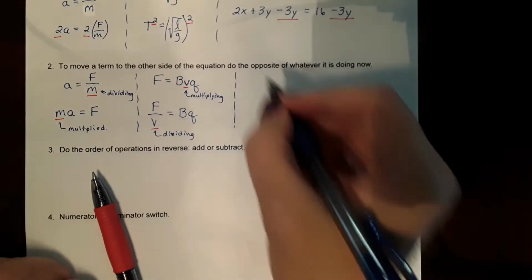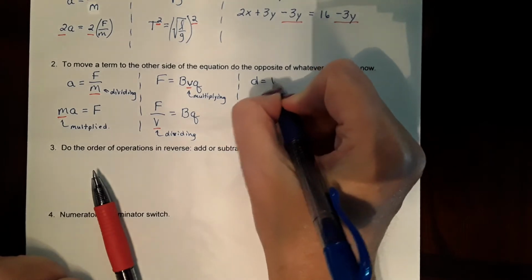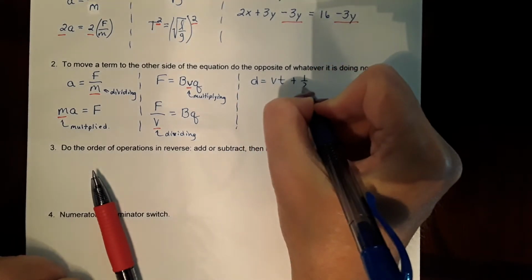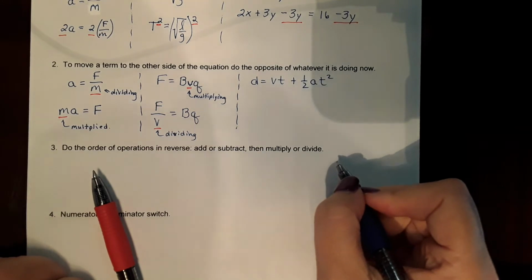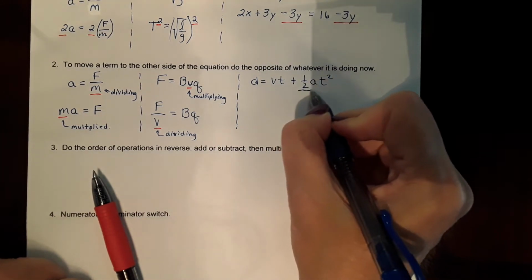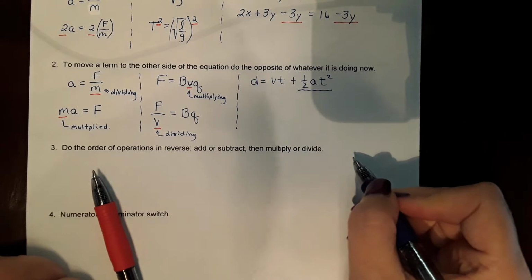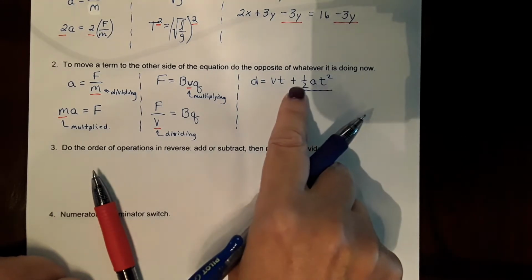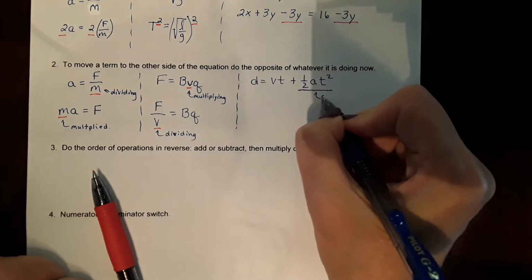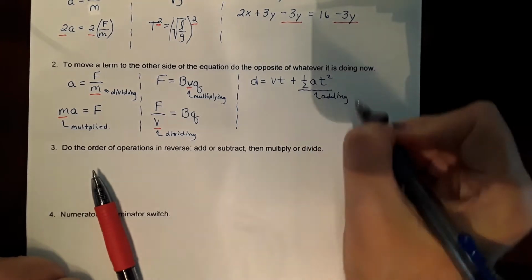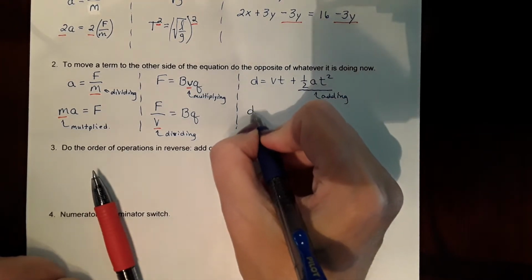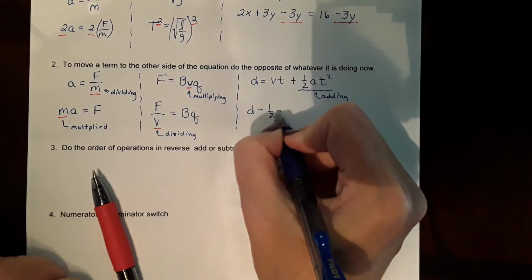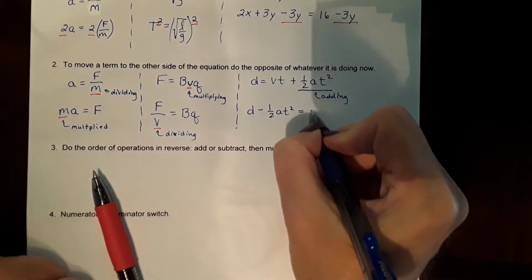Here's another example. Okay? Now, let's say this time we want to move this entire term over to the other side. Well, right now it's being added. So on the other side, what do we do? You got it. You're going to subtract. You're going to say d minus 1/2 a t squared equals vt.